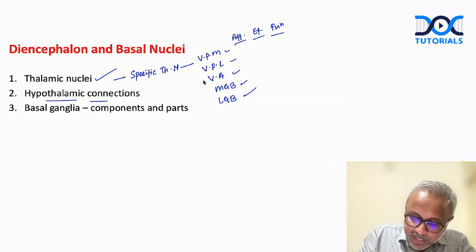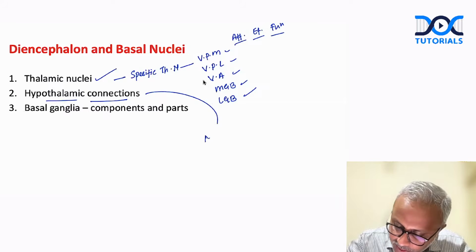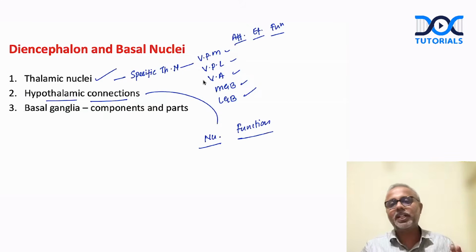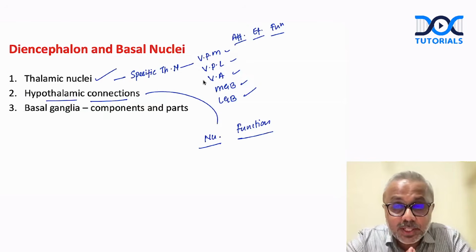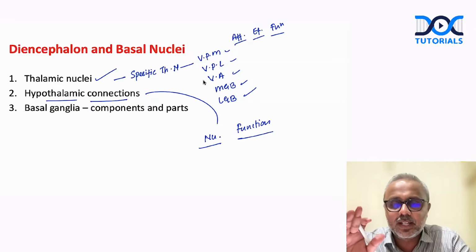Then hypothalamic connections. Even in hypothalamic connections, all we need to know is the nucleus and the function, right? Name of the nucleus and what function it does. And if you can draw the position of the nucleus in the sagittal section of the hypothalamus, nothing like it.